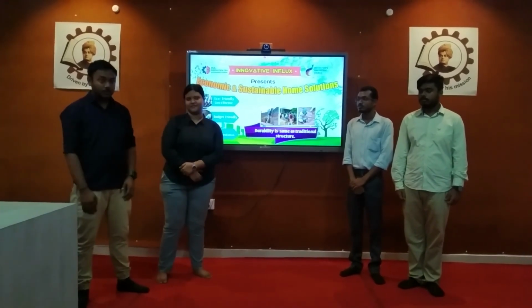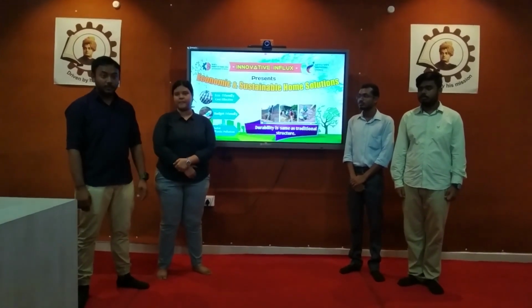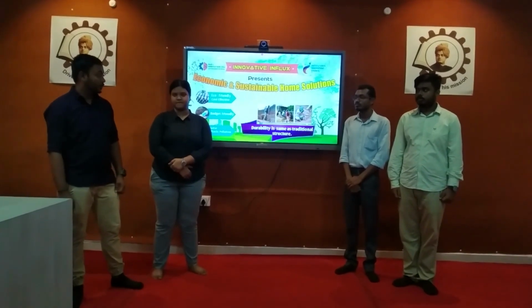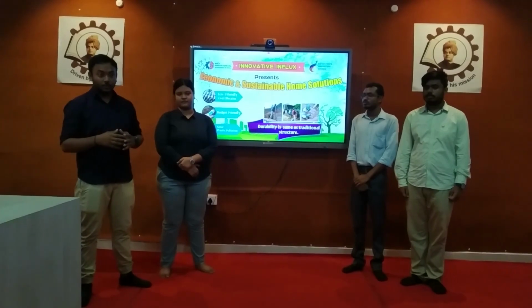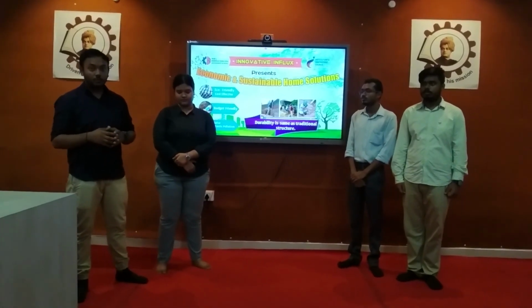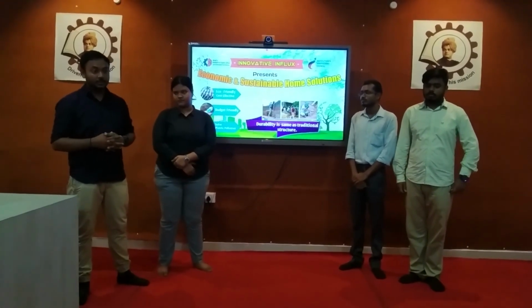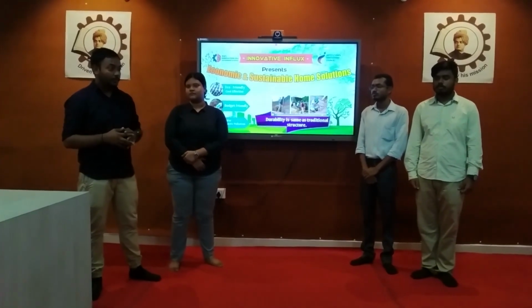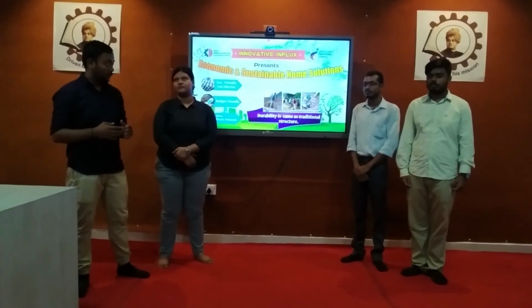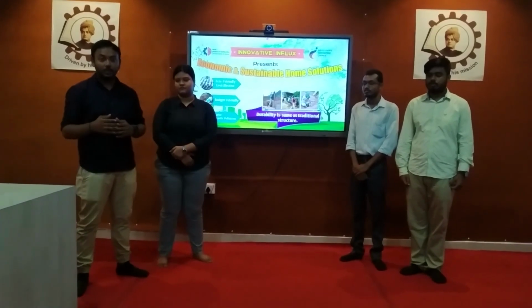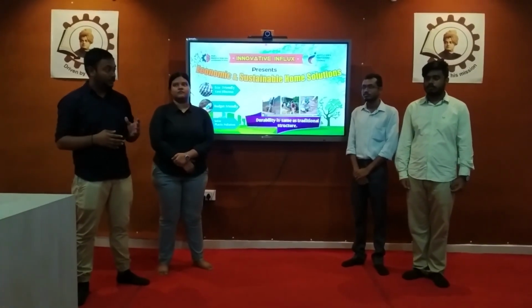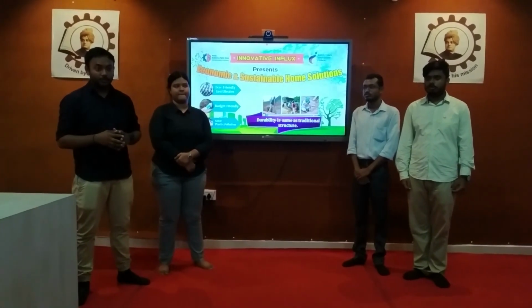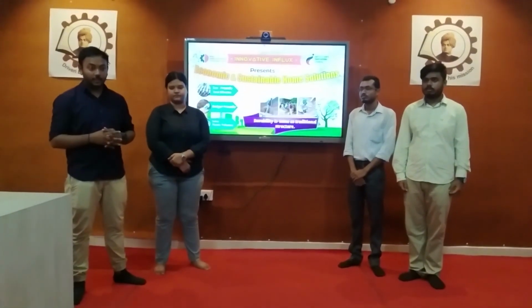Over to Vashish. Okay, so as my team members have described about this project that we will try to construct, in order to do that we have to go through a couple of stages. First, we want to construct this model like a normal traditional building, within an approximate 720 square feet area.